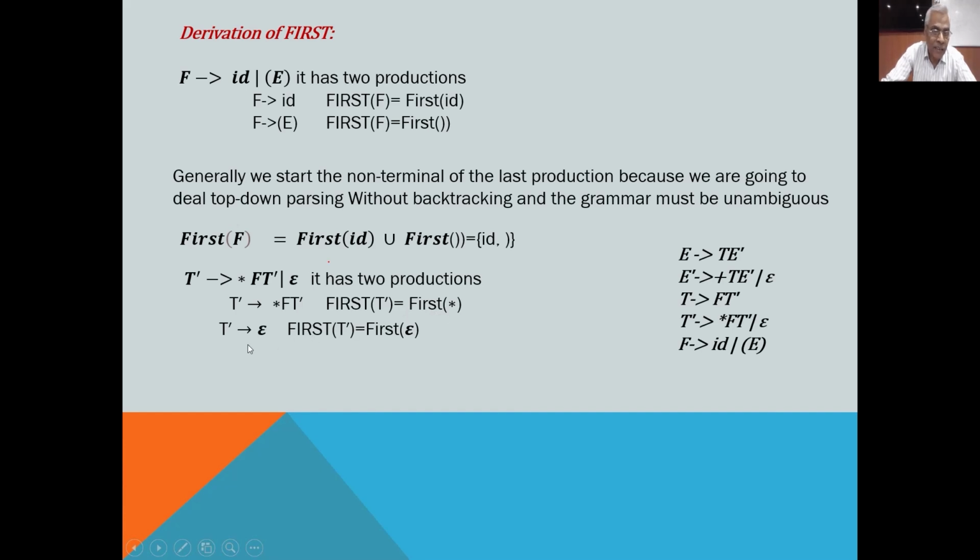And from the second production, first of T dash we get first of null. When we combine these two results, we get first of star union first of null, and from these two rules we get two different terminals, star and null.